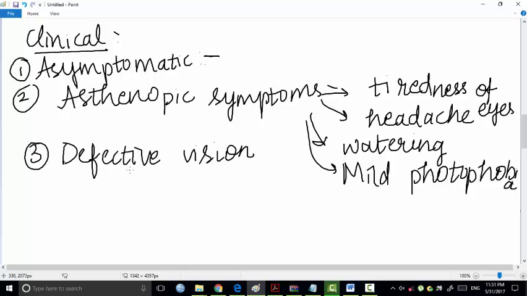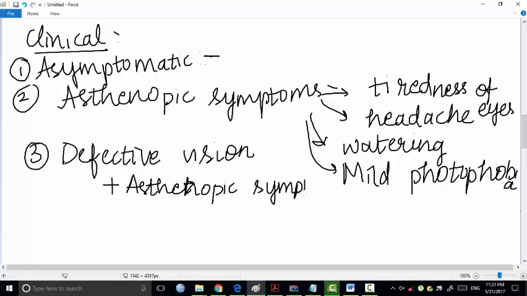So what are the defective visions? This defective vision can be with asthenopic symptoms, or without asthenopic symptoms.